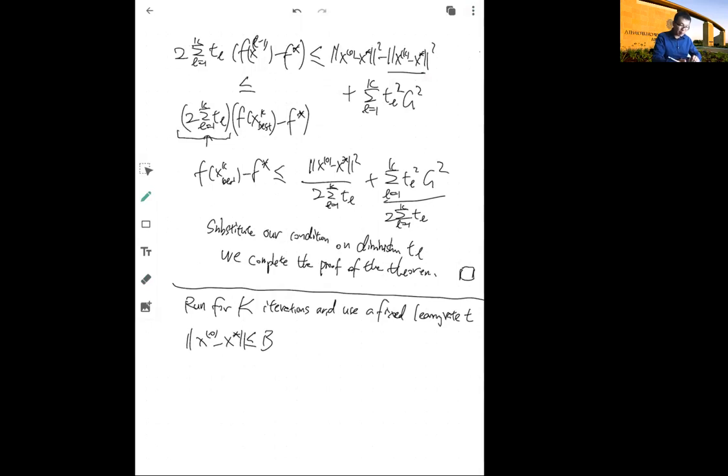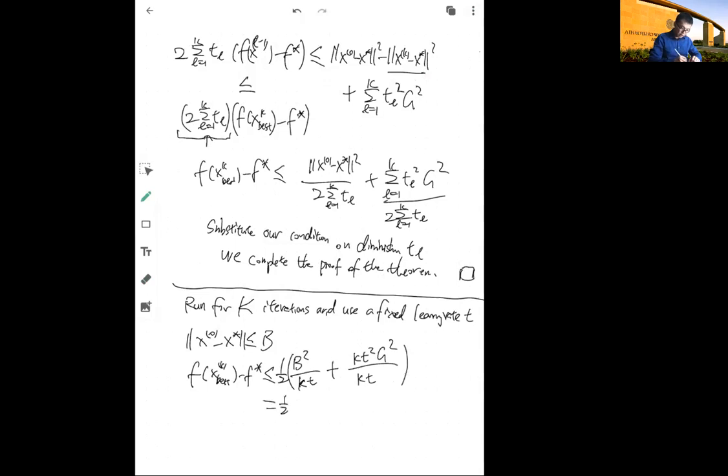So the above bound can be simplified for the fixed learning rate to be b square over k times t, plus k times t square over k times t, g square.